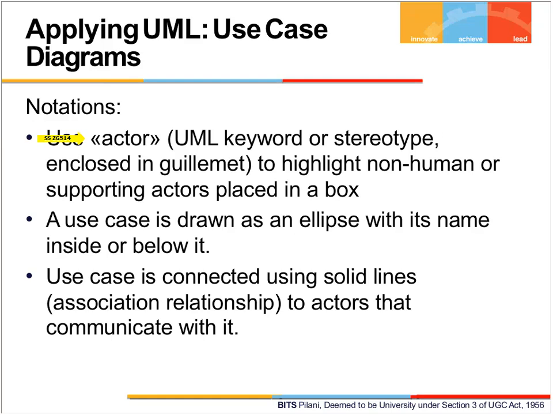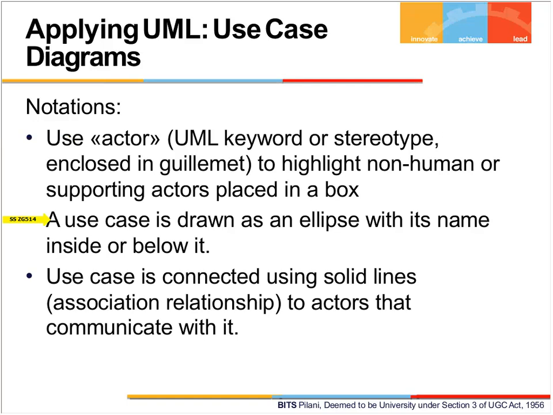This is not two arrows. This is not two closing arrows, right? So these are two special symbols called guillemets to represent non-human actors, right? So you put the word actor and then put it into a square or rectangle box to indicate that this is a non-human actor, right?